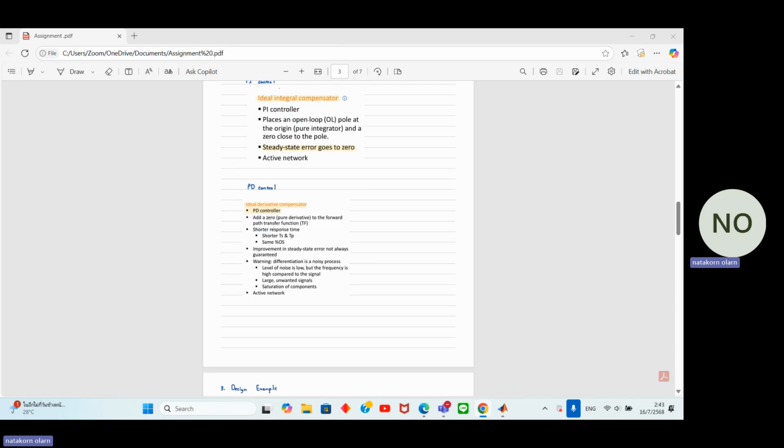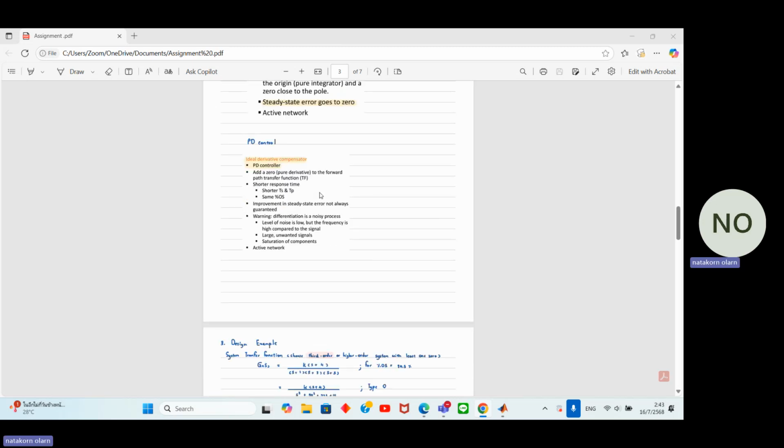And the next one is PD. PD is a combination of feed-forward and feedback control because it operates on both the current process condition and related process condition.